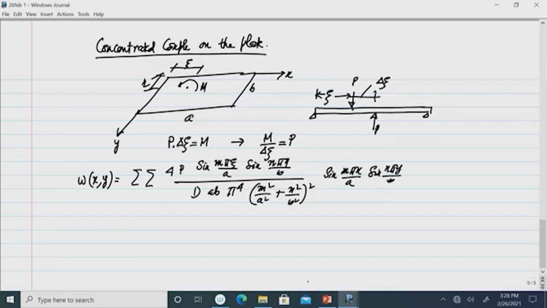So, in the downward loading case, we will replace P by M by d xi, and the location will be xi, and eta remains as it is.